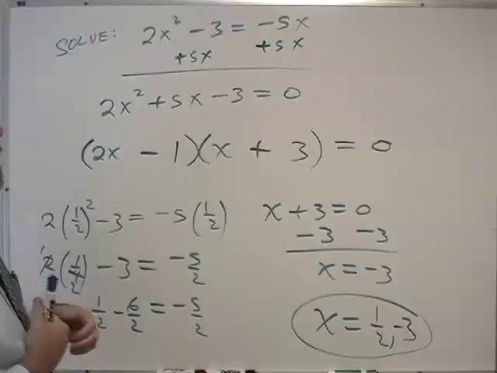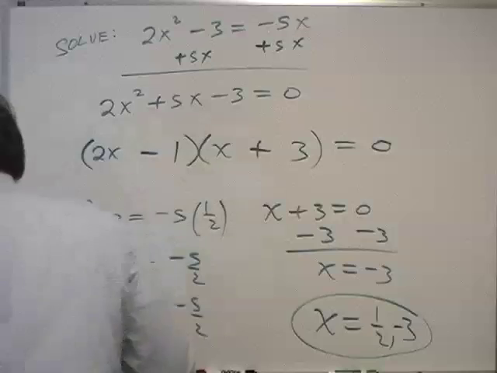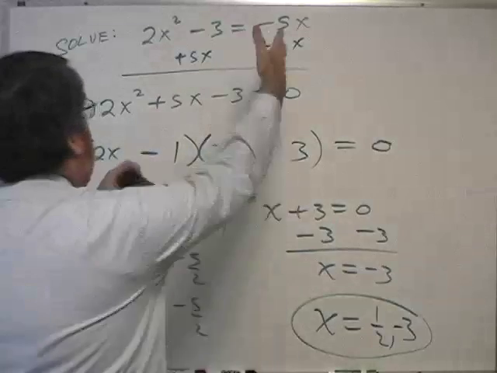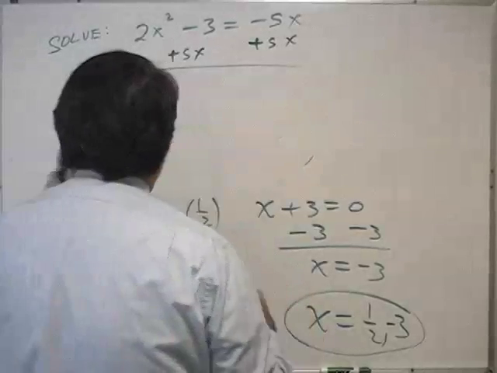But the other error in this particular kind of problem is sometimes people will, when they bring these together, if you don't write it in descending powers, let me show you what it looks like.